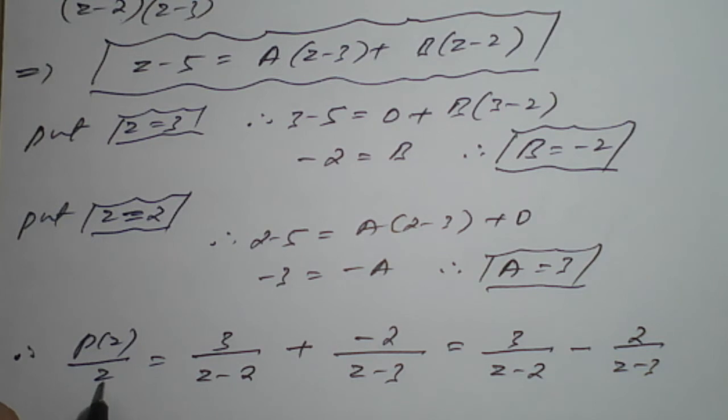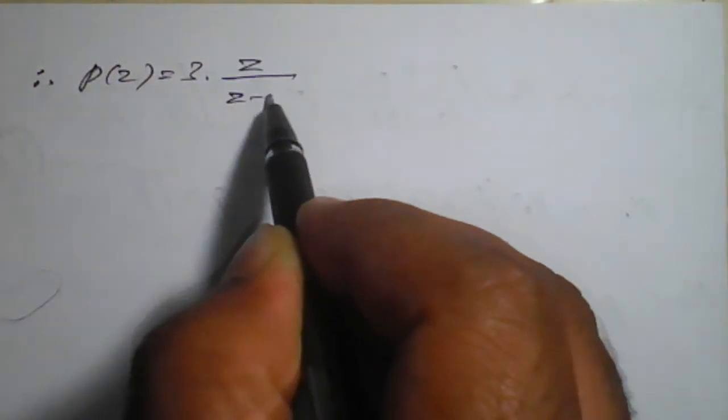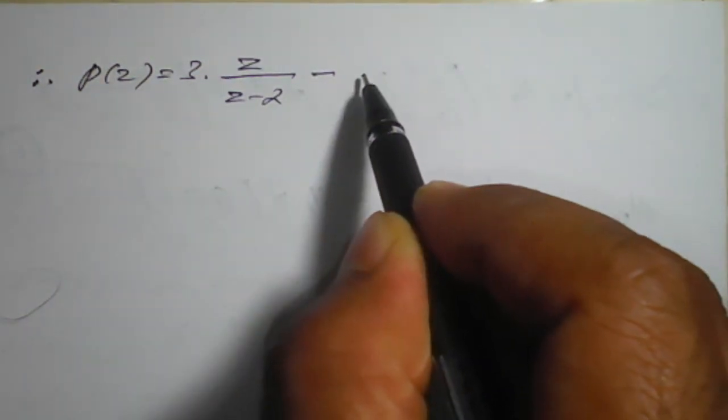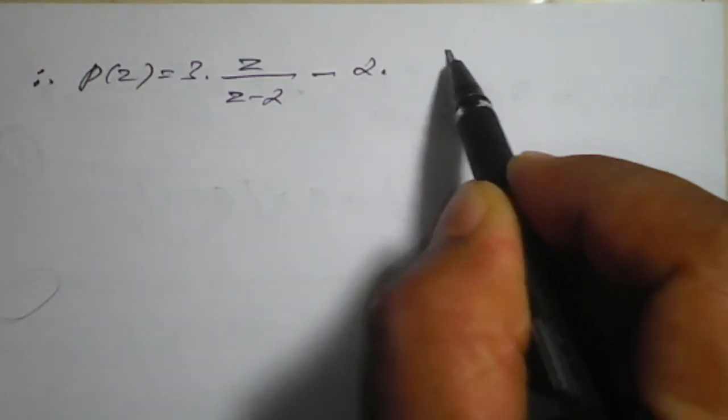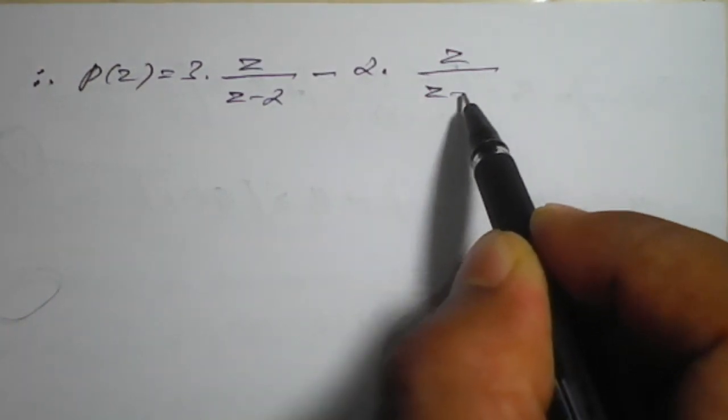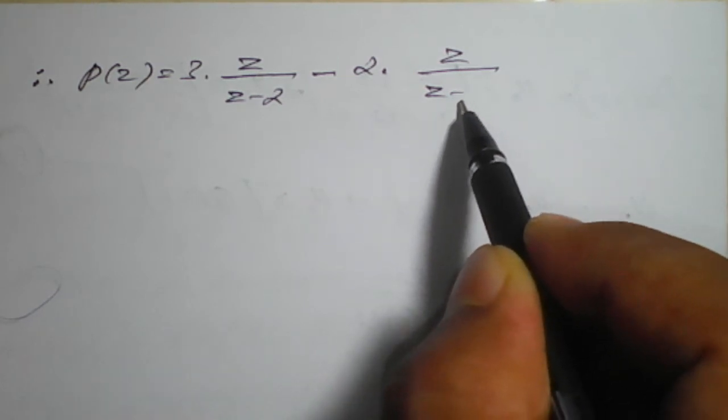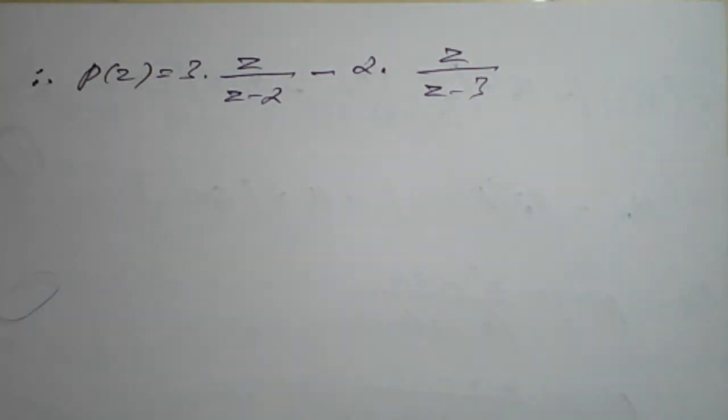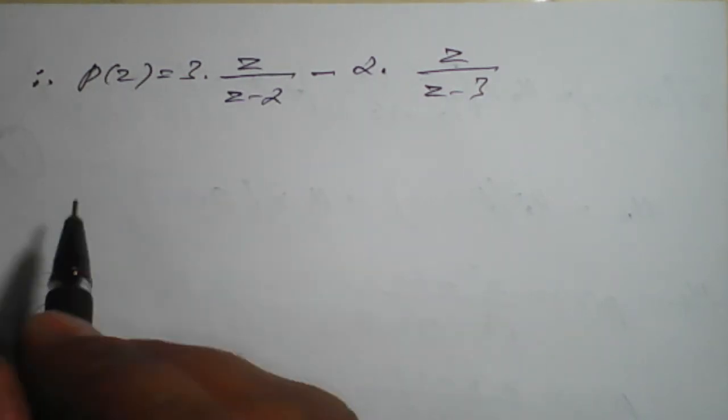Cross multiply this z to the right hand side. Therefore P(z) is equal to 3, a constant, z divided by (z minus 2), minus 2 into z divided by (z minus 3). So once we got this step, take z inverse on both sides.